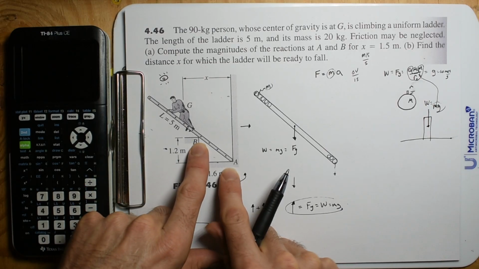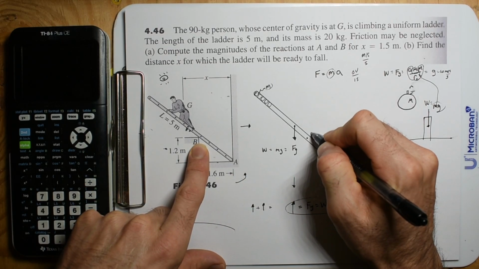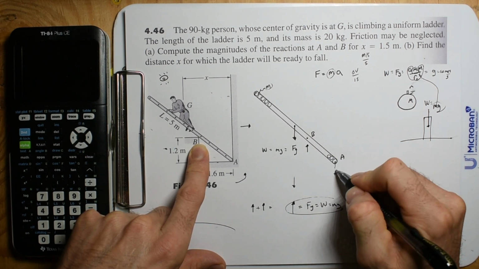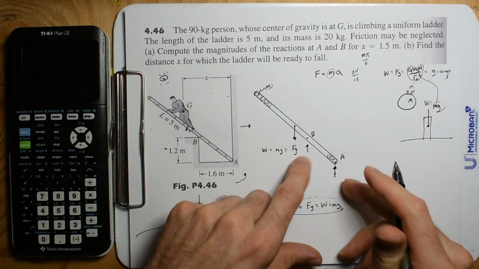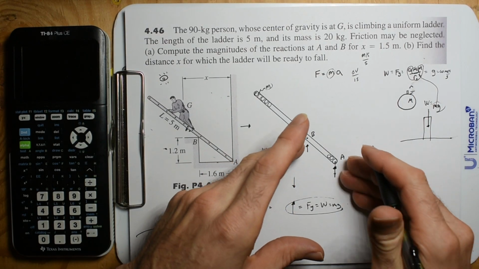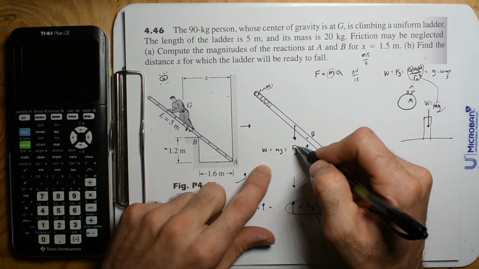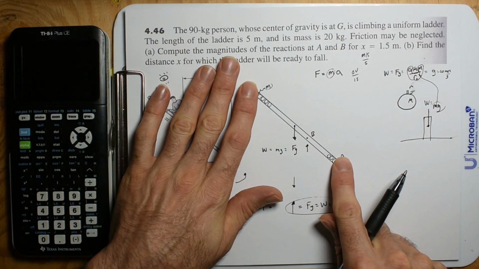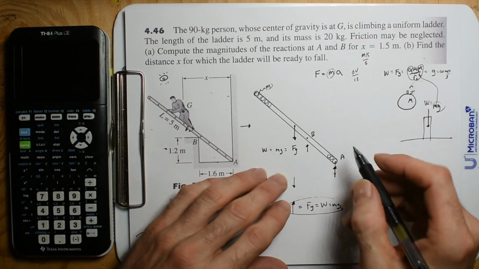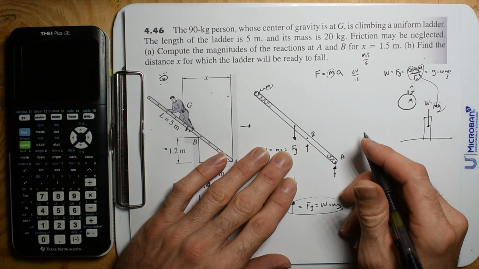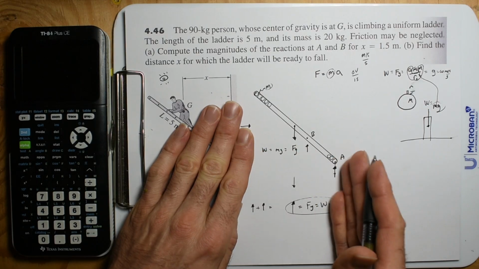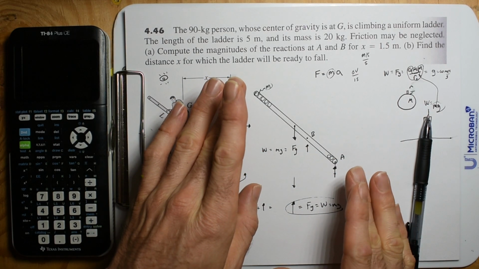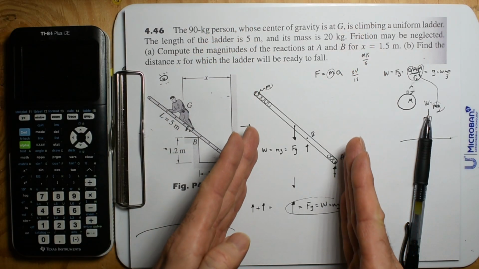I'll say this is point B and this is point A, so maybe we have one force right there and one right there. Those two forces have to equal this force, because this thing is stationary. The neat thing is they don't have to be in line. This force could be over here and this force over there, but in general, this thing is now not moving in this direction.